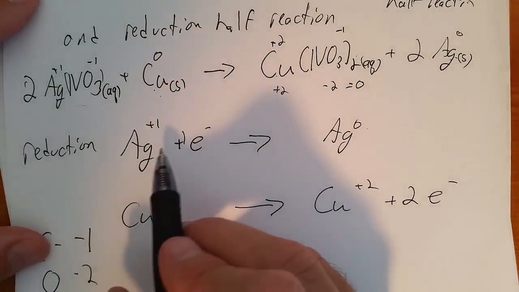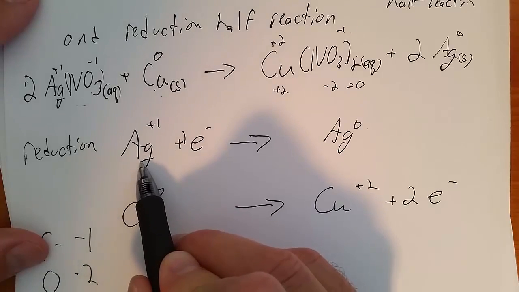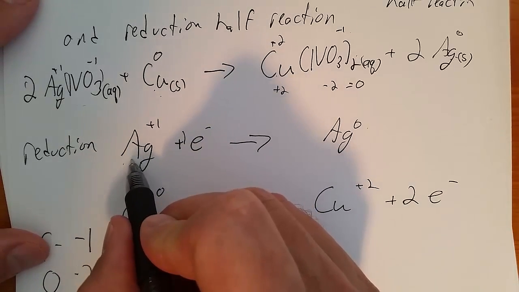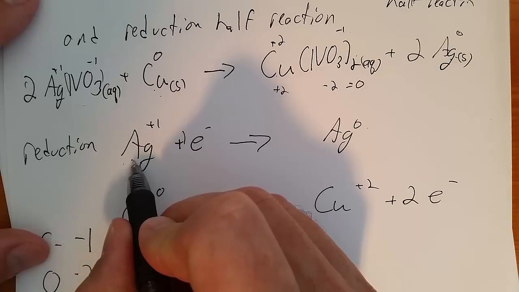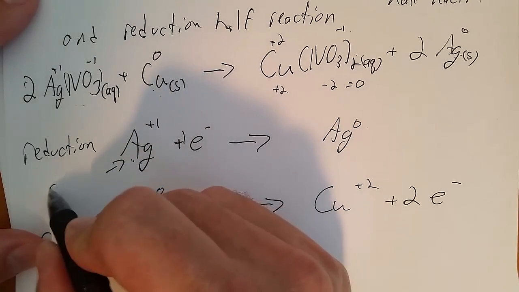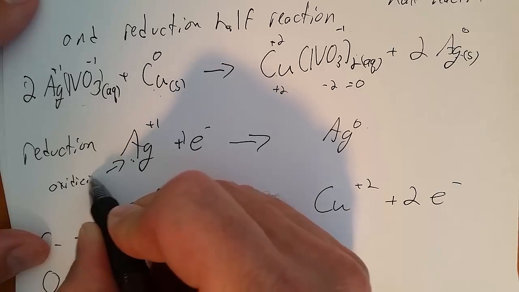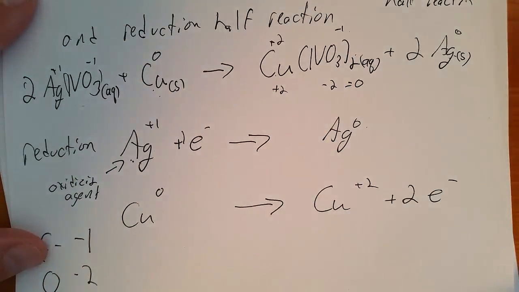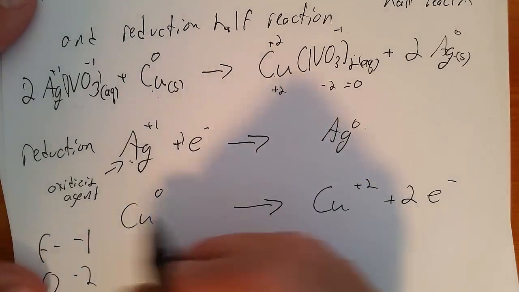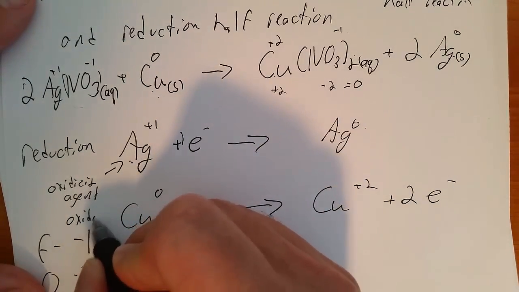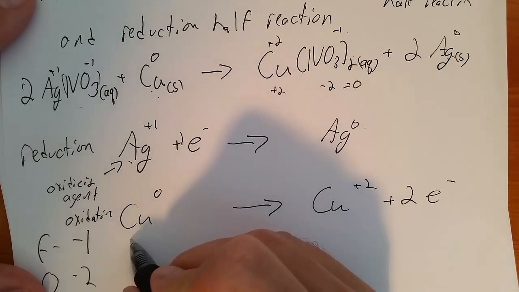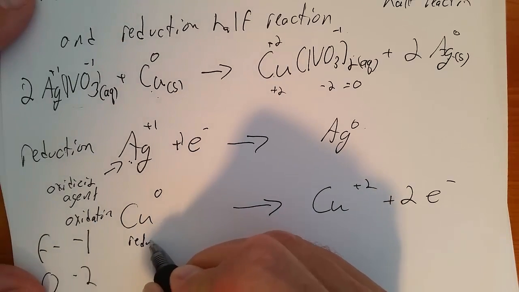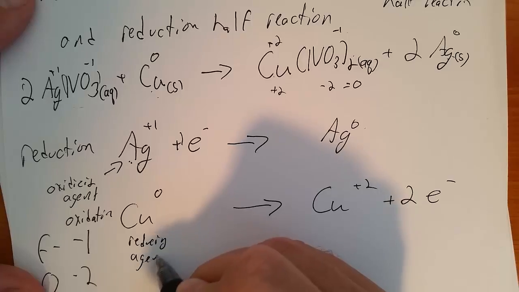That means also that silver plus 1 is the oxidizing agent. The oxidizing agent is what gets reduced. This other reaction here is oxidation. That means the copper is the reducing agent.